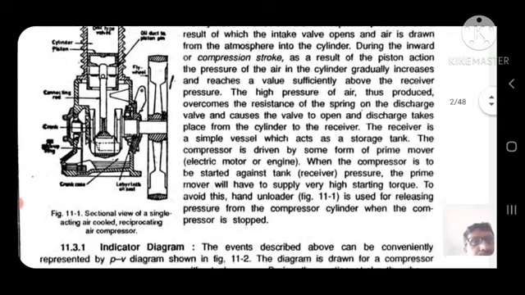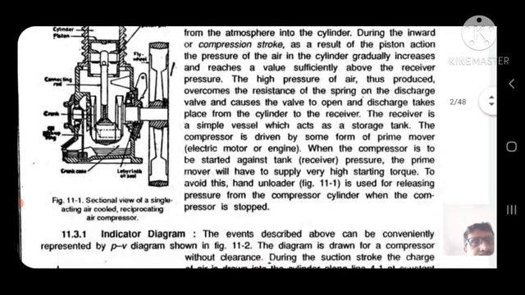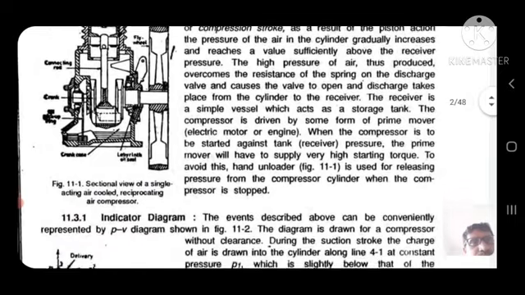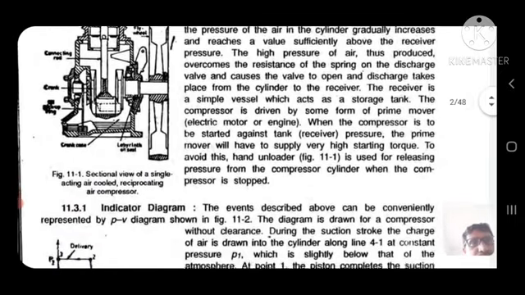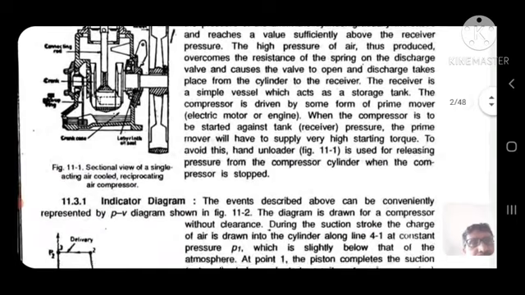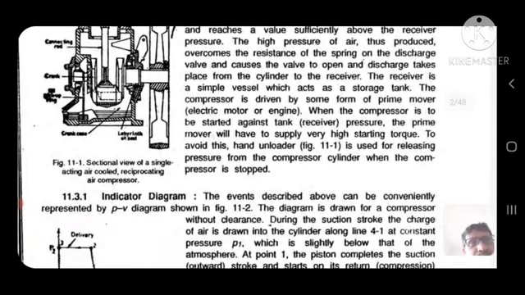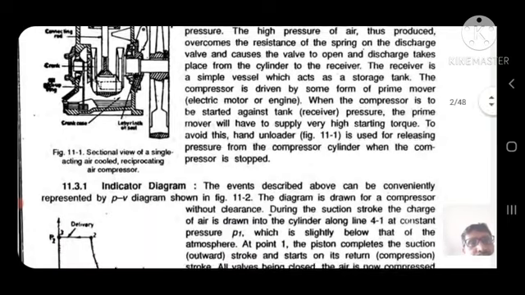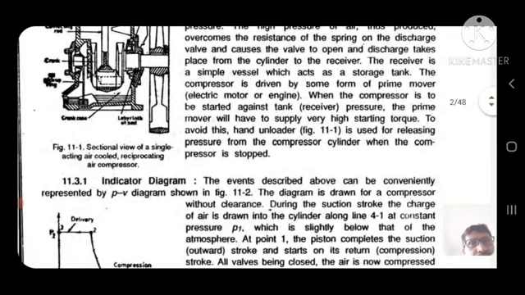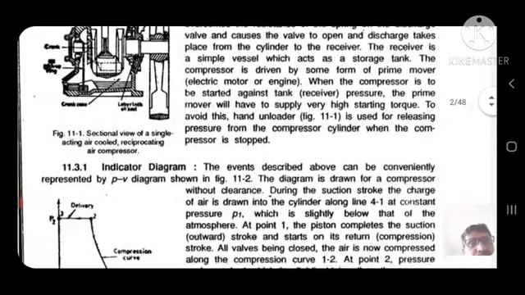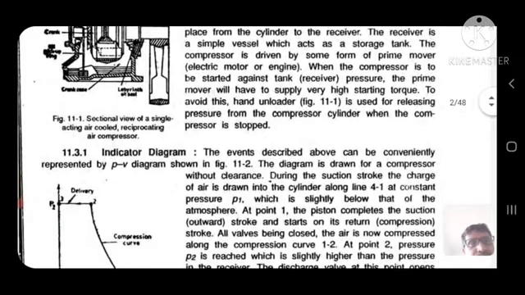The high pressure of air thus produced overcomes the resistance of the spring on the discharge valve and causes the valve to open, and discharge takes place from the cylinder to the receiver. The receiver is a simple vessel which acts as a storage tank.